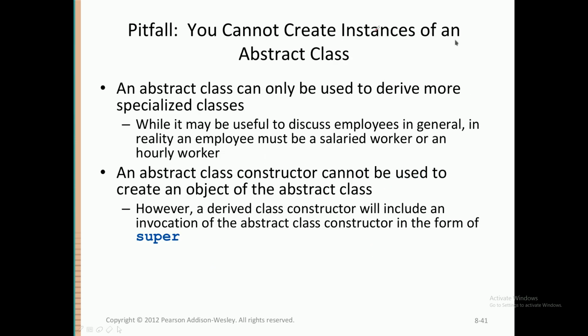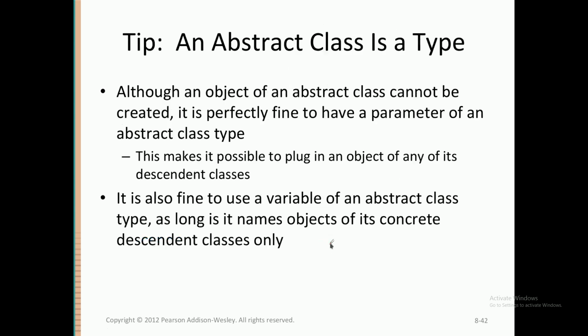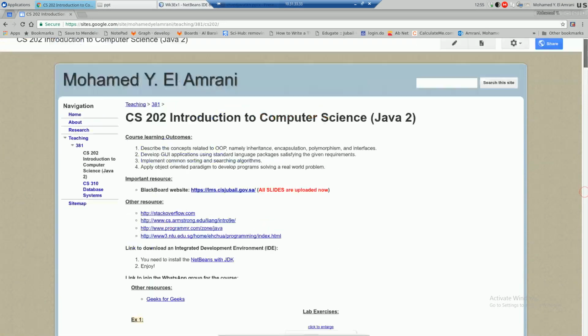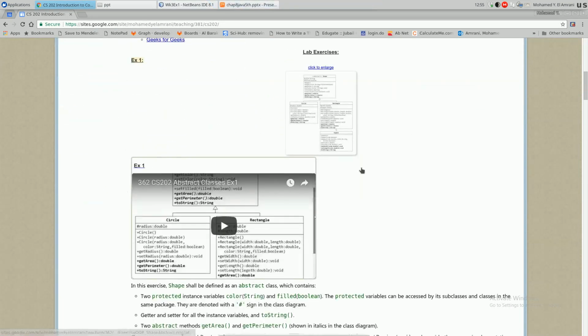So you cannot create instances of an abstract class. That's what we were talking about. But you can use it as a type. That's again something that we've been talking about as well. So let's now go practical. We would like to implement this example.